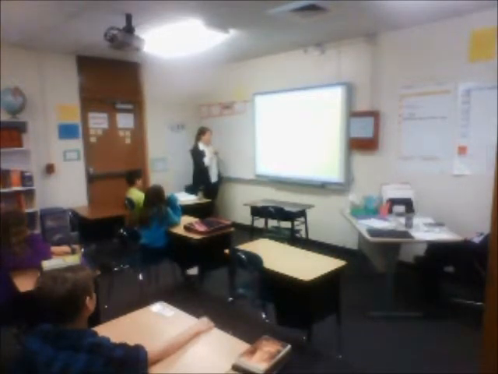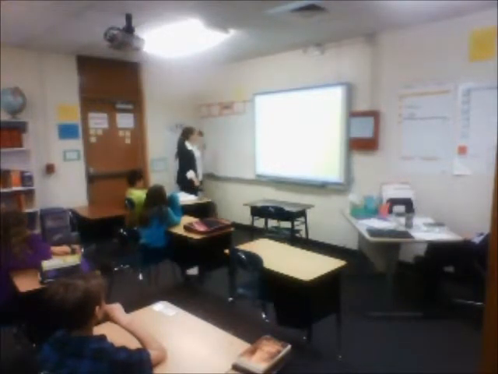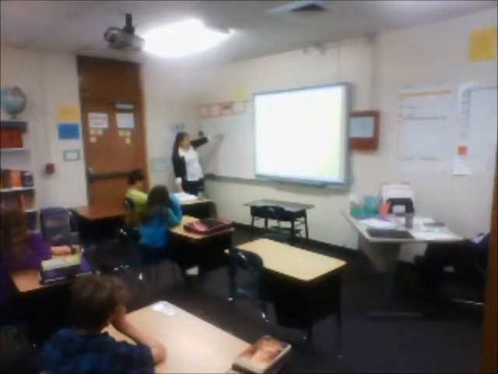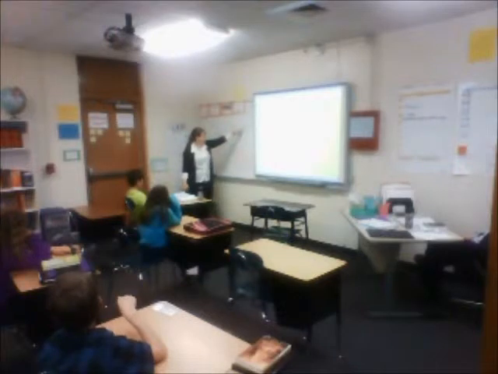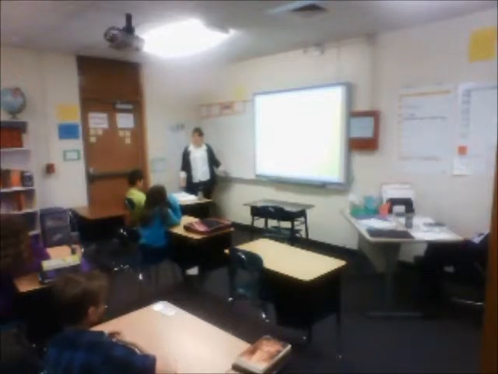Hold on one second, Tyler. I'm going to explain the directions. I'm going to point to the triangle that I pick. I'm going to say, that is an equilateral triangle because, and then you choose why you think it's an equilateral triangle.